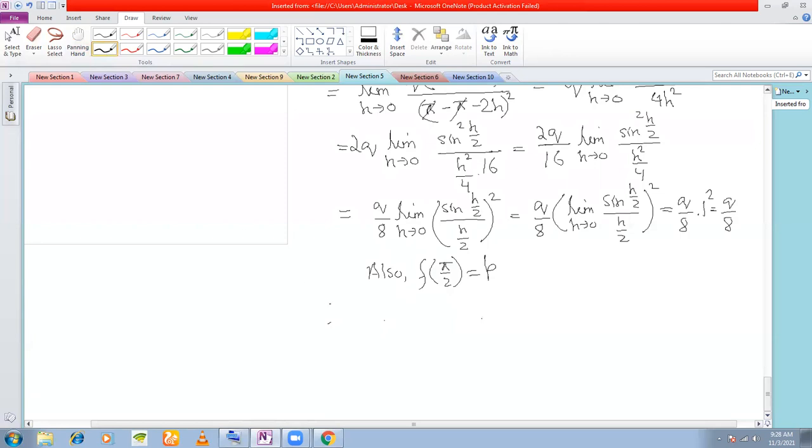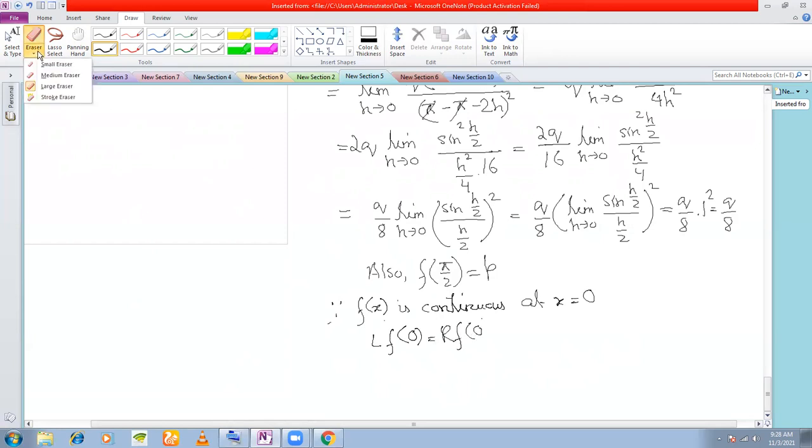Now we say since f(x) is continuous at x is equal to pi by 2, left hand limit must be equal to right hand limit, which is equal to f pi by 2.